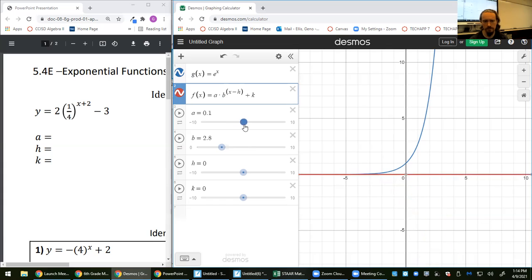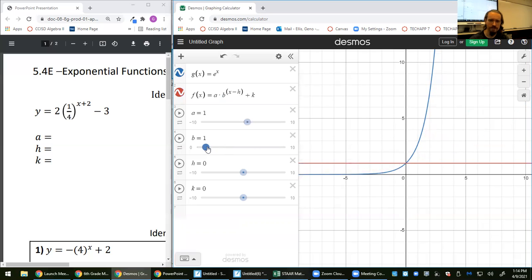Okay, so let's put this back to 1. So what happens when we change b, the base of our exponent? We can see, as we make it larger, it gets steeper, and then as it gets smaller, this happens kind of quick, you see it gets narrower, narrower.